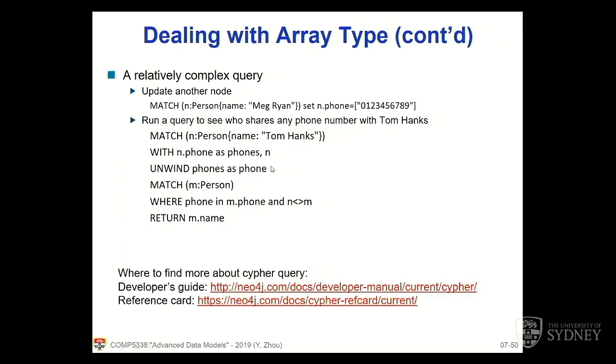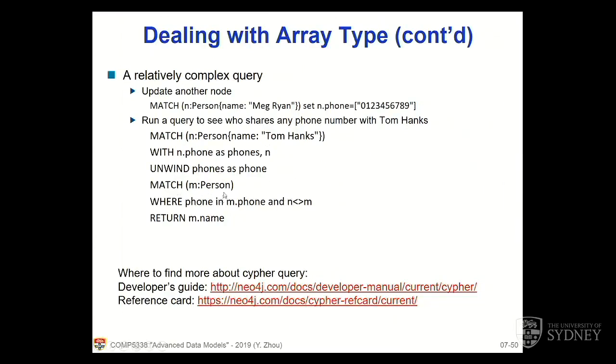Now we unwind this as an individual phone number, and then we try to find, from all the other persons, whether this scalar value is in that person's phone, which is an array. So this is an array, and this is an individual, simple type. And at the same time, n shouldn't be equal to m, so we're not looking for Tom Hanks himself. Only if it's a different person.